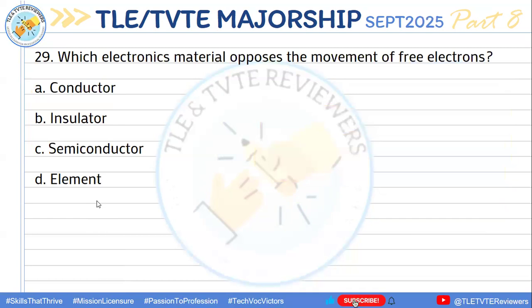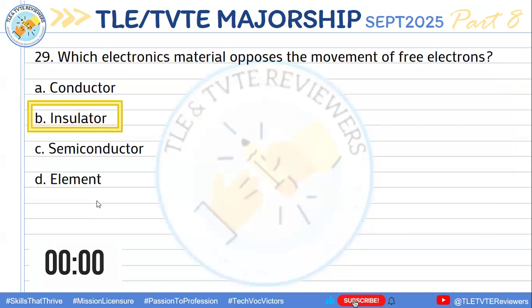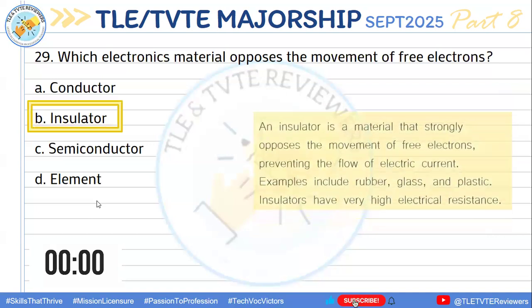Number 29. Which electronics material opposes the movement of free electrons? A conductor, B insulator, C semiconductor, or letter D element. Answer letter B insulator.